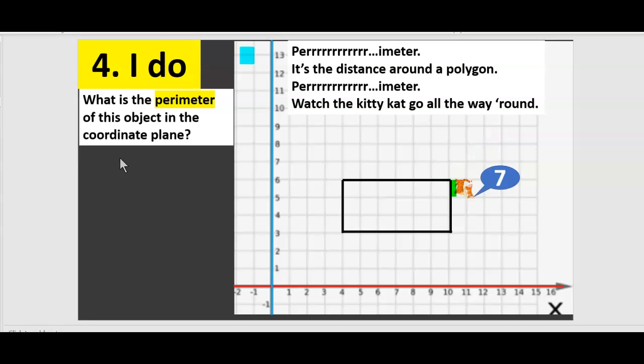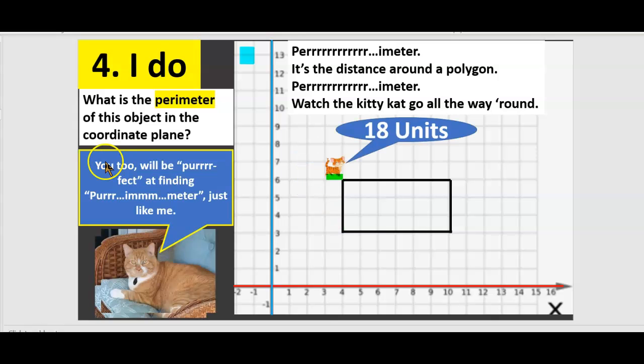Watch the distance around a polygon. Perimeter. Watch the kitty cat go all day around. Remember perimeter. It's the distance around the polygon. Perimeter. Watch two go all the way round. You too will be perfect at finding perimeter, just like me, says number 2.